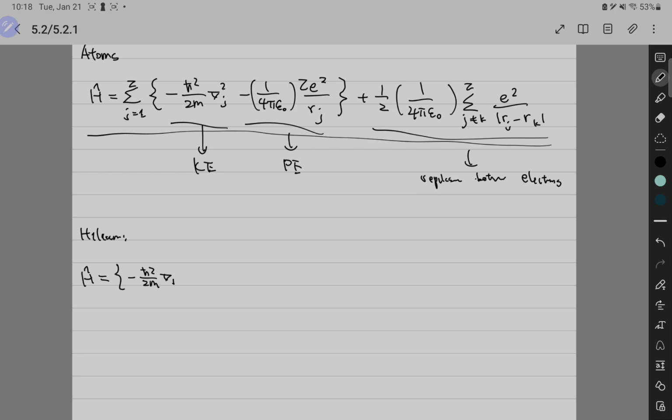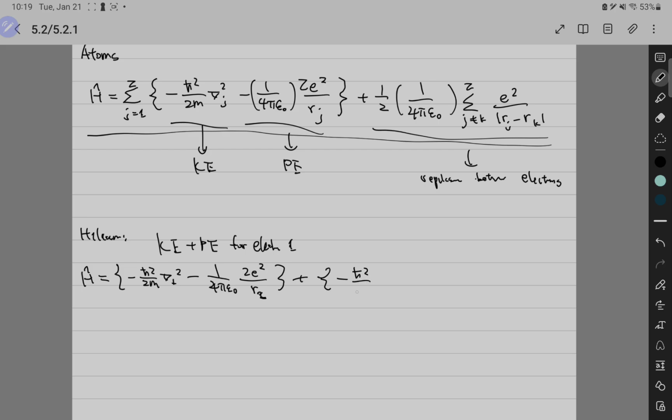you have the first kinetic term and the first potential term. So this whole thing represents the kinetic plus potential for electron 1, right? And then we need to look at the other electron, because each individual electron has its own kinetic energy and potential energy.